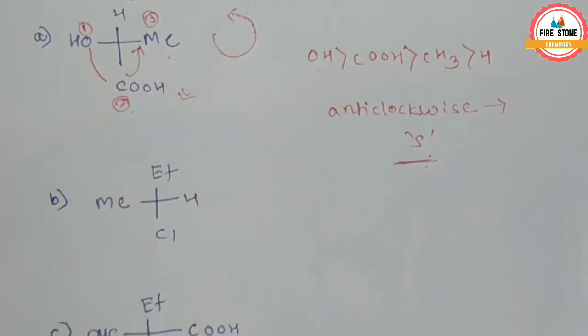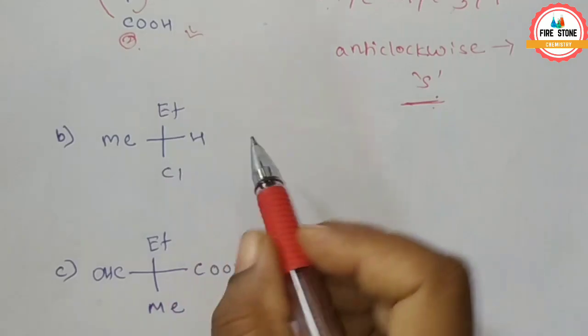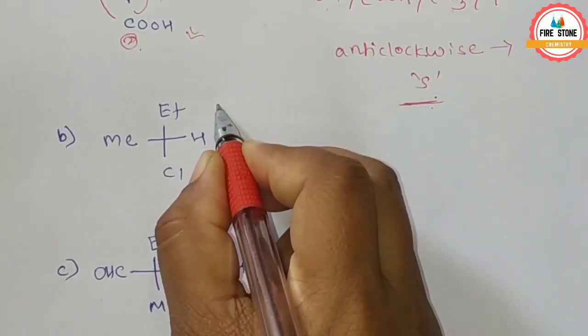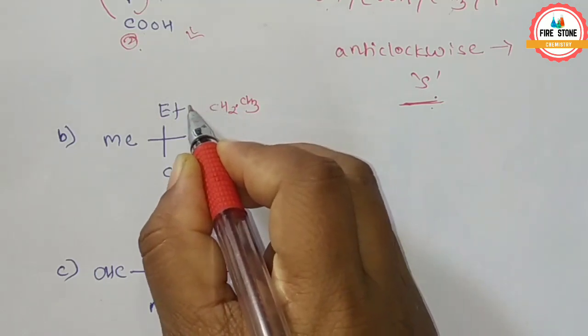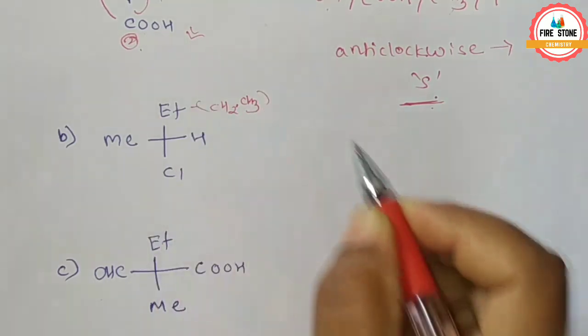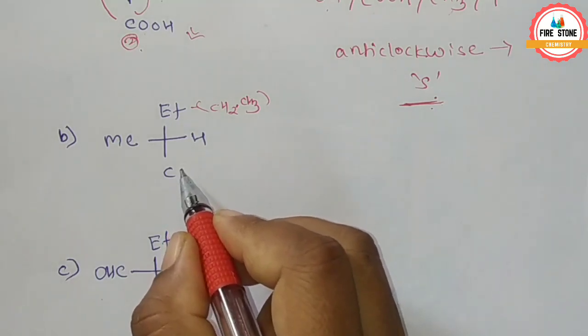So see the next structure. The second structure is Et, that means CH2CH3 group. So here see the priority.